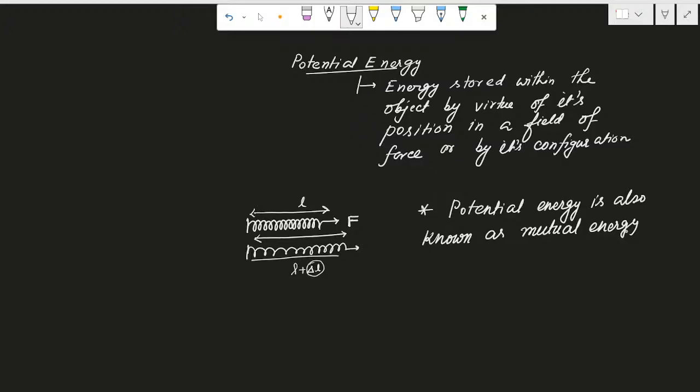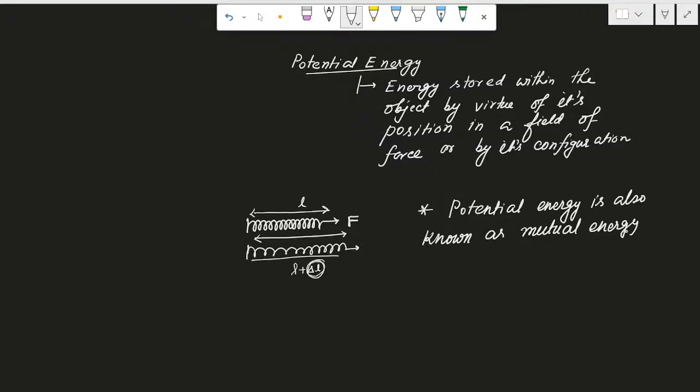Because in case of a spring, you stretch a helical spring. Now the length gets changed, and when you withdraw the external force, it gets its original position. So the external force that you apply to change the configuration of the spring causes a delta L deflection or change in length.